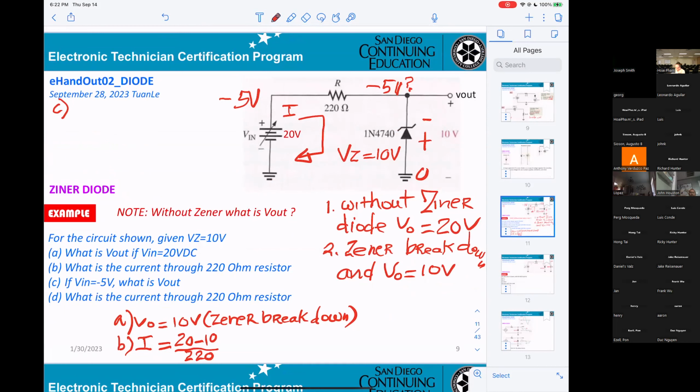Yes. Okay. That we are talking about C. So V out will be 0.7, then V out will be equal. That's the answer.